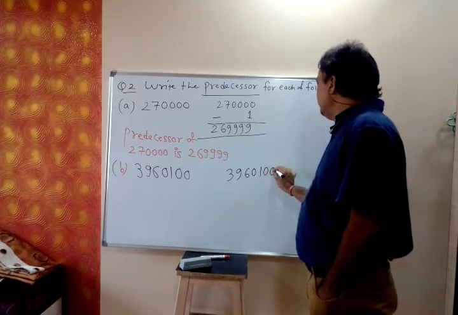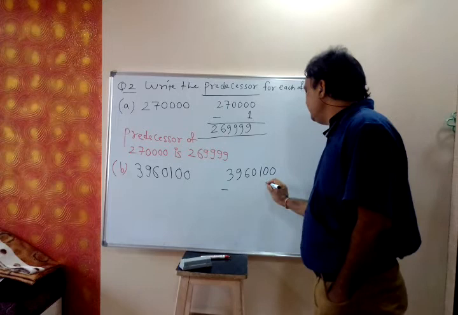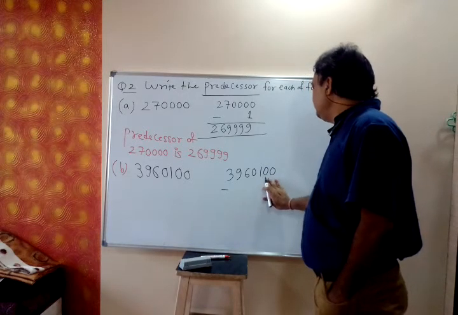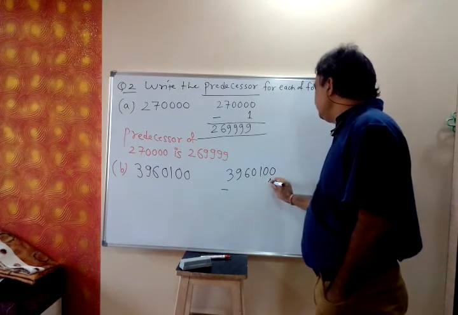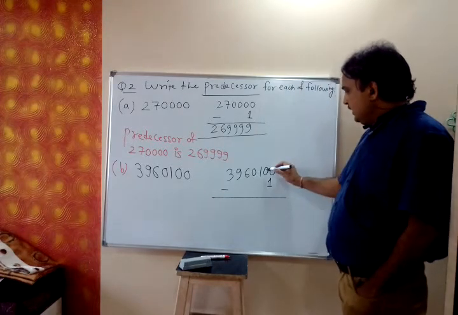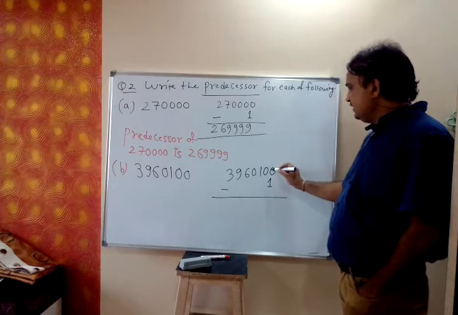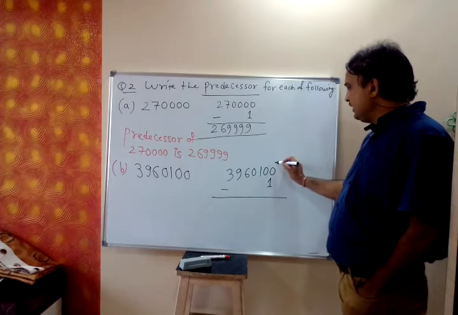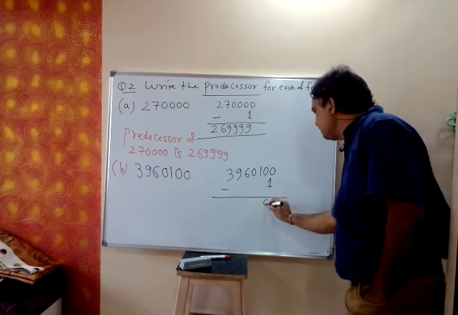I will subtract 1. I will write minus 1 below this 1's place. Then I will subtract. 1 is borrowed, so this 0 becomes 10. 10 minus 1, 9.